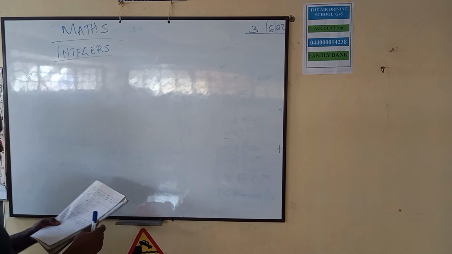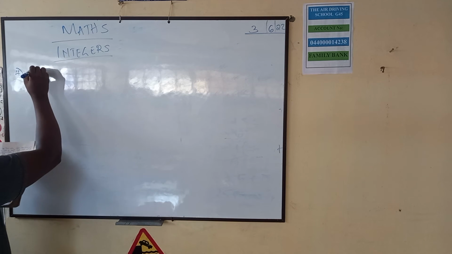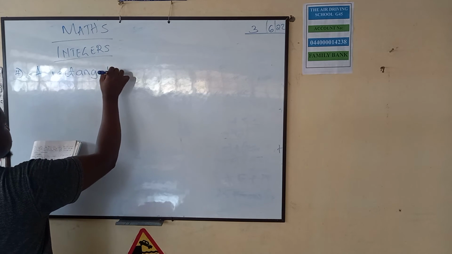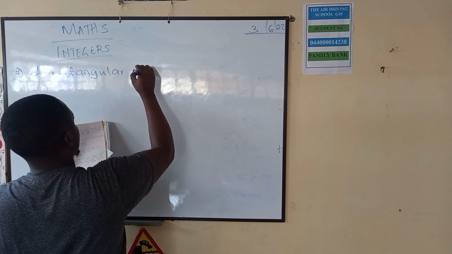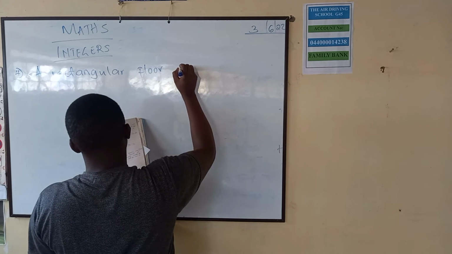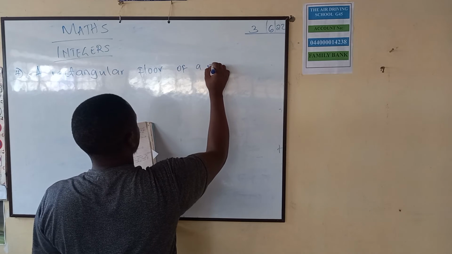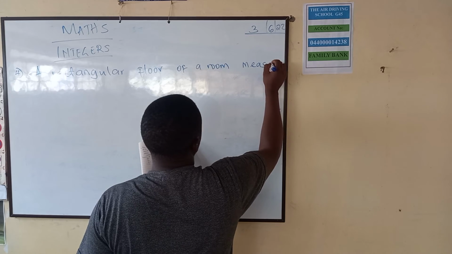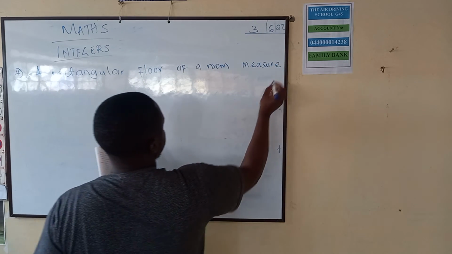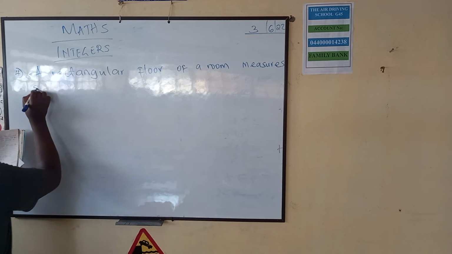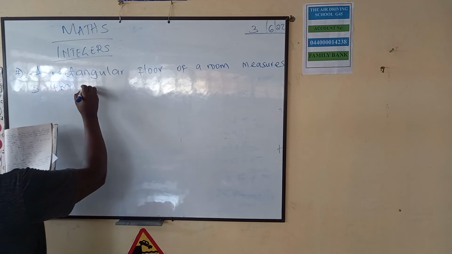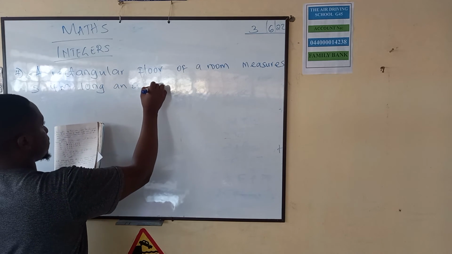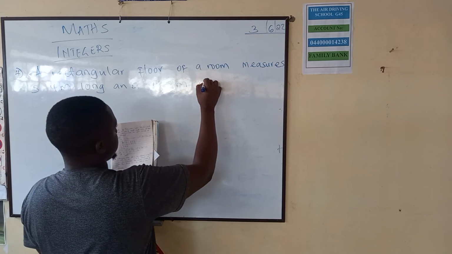Okay, one last question. A rectangular floor of a room measures 5.4 meters long and 4.2 meters wide.